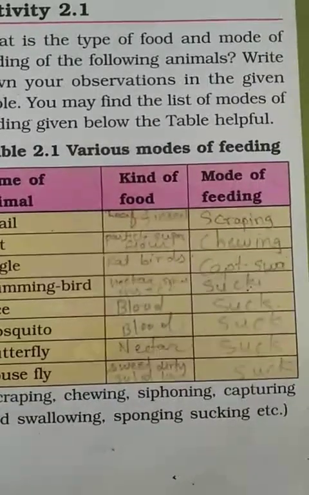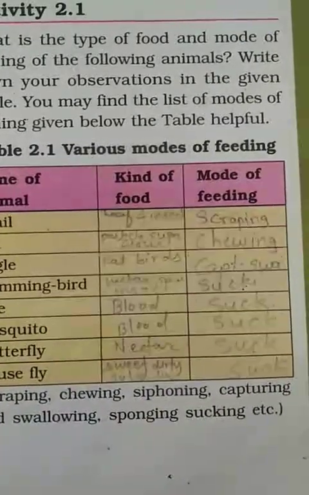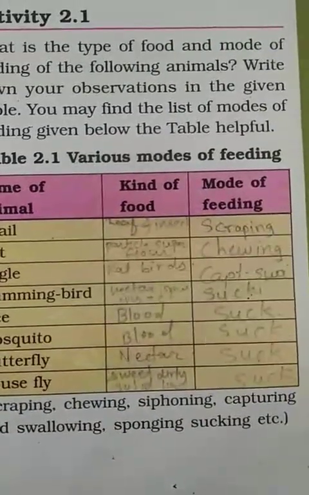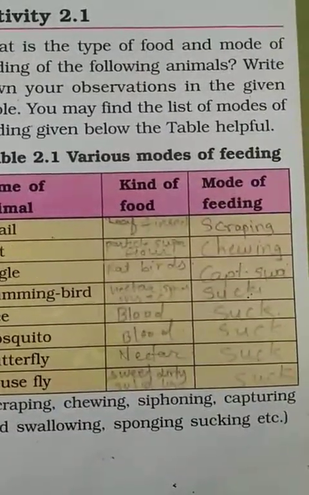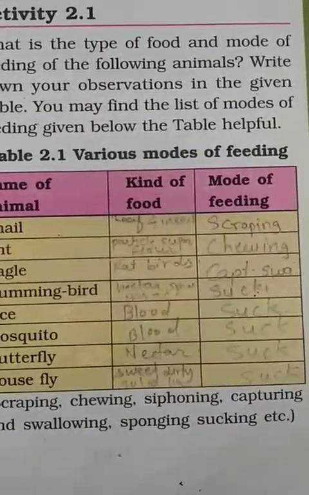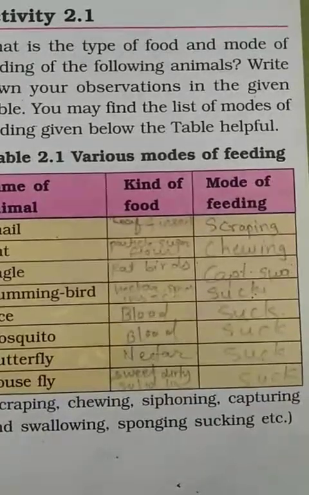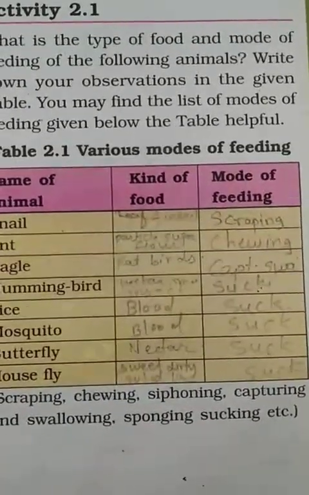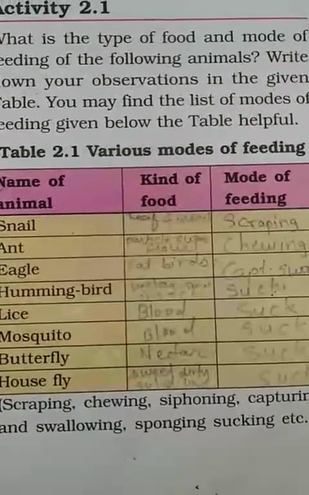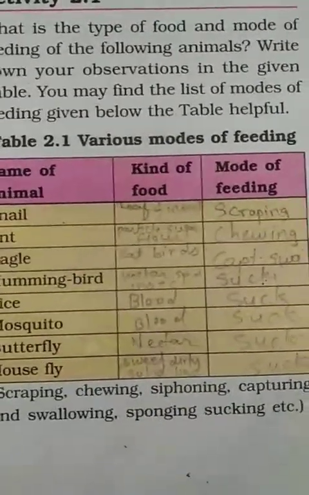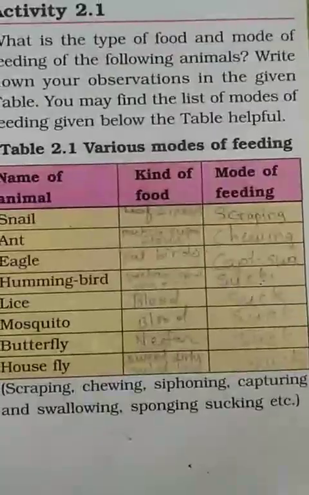They feed with the mode of capturing. Hummingbirds, as we have already seen, suck the nectar. So nectar and insects are their food and the mode of feeding is sucking. Like this, different animals are given and they have different kinds of food and different modes of feeding.